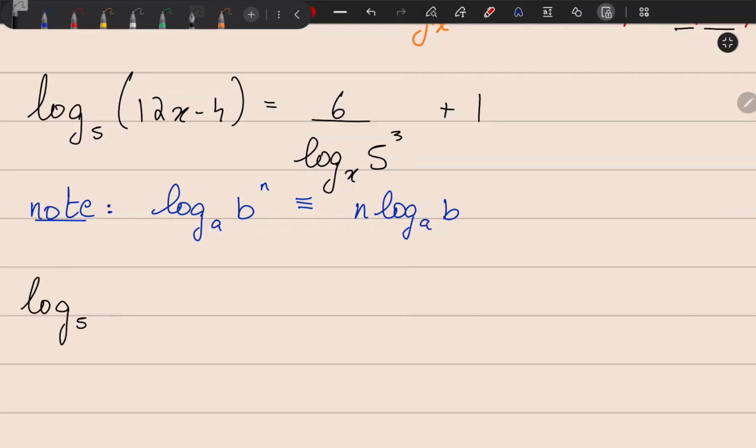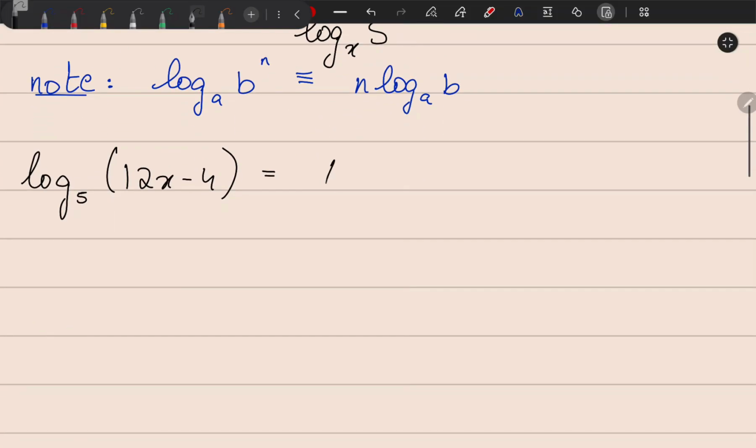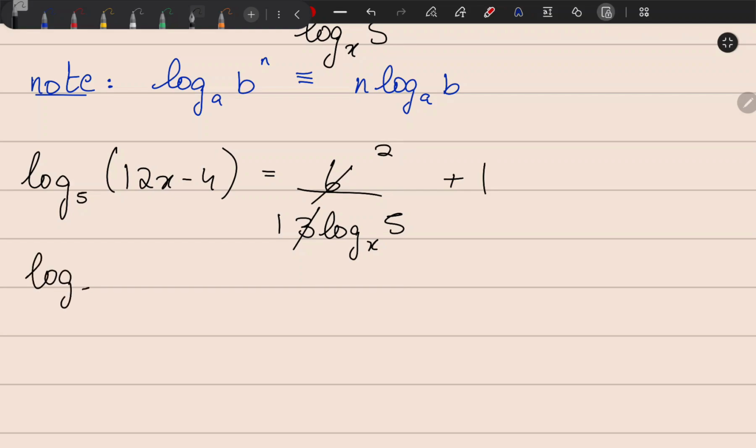So we have log base 5 of 12x minus 4 is equal to 6 upon 3 log base x of 5 plus 1, and see, the 3 and the 6 cancel out, so we have log base 5 of 12x minus 4 is equal to 2 upon log base x of 5 plus 1.